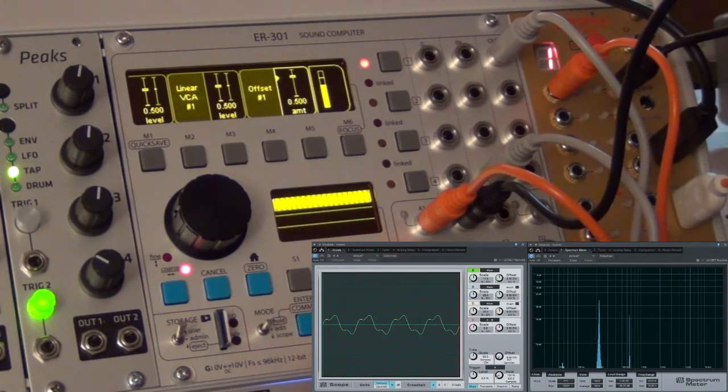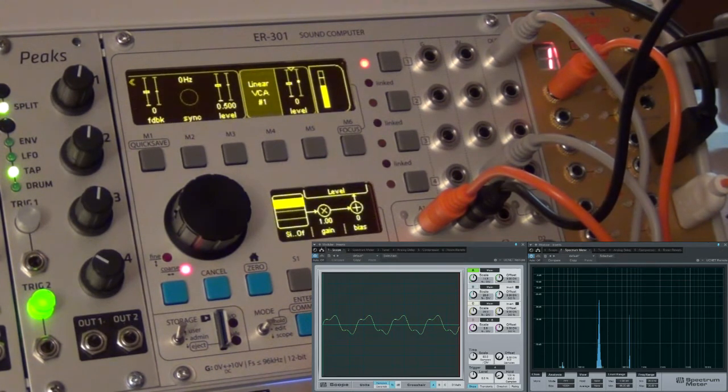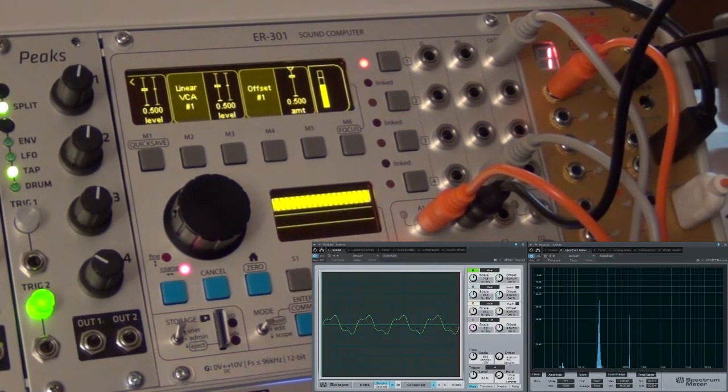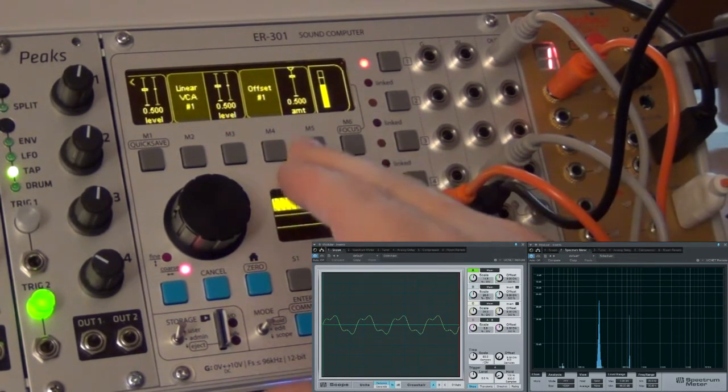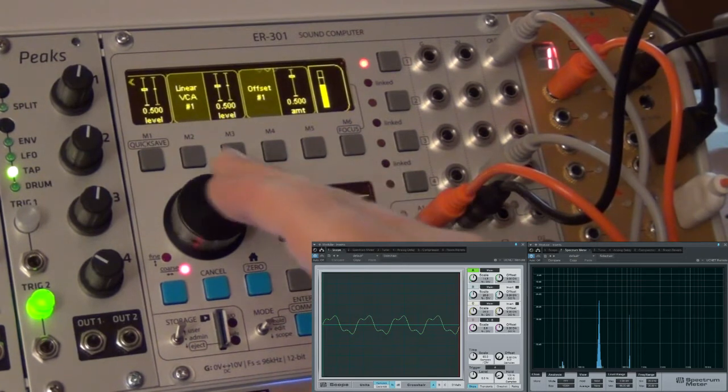All right, so now we've got a sine wave here. It's only half height, and it's only modulating positive frequencies. Let's go ahead and change the frequency of that sine wave.